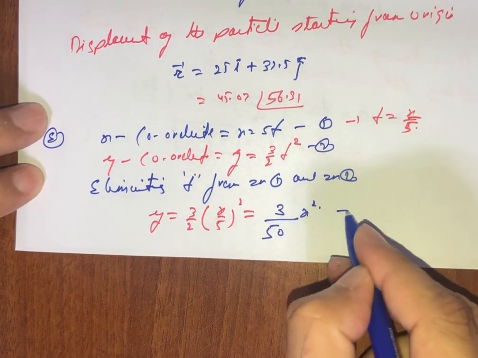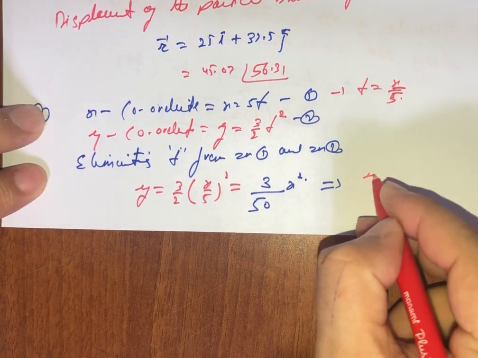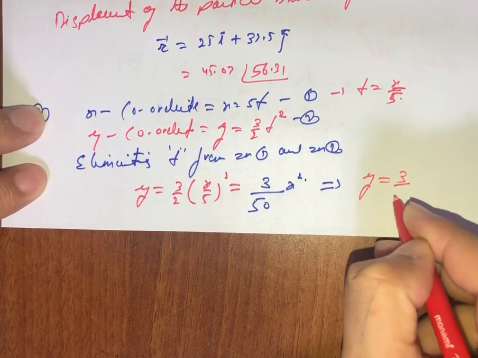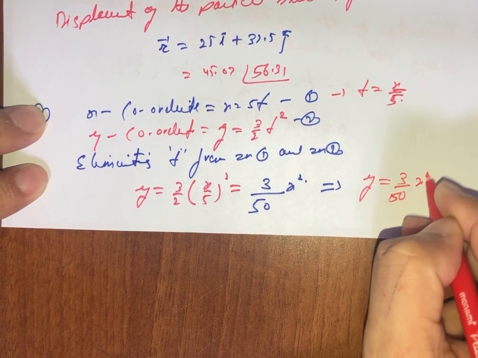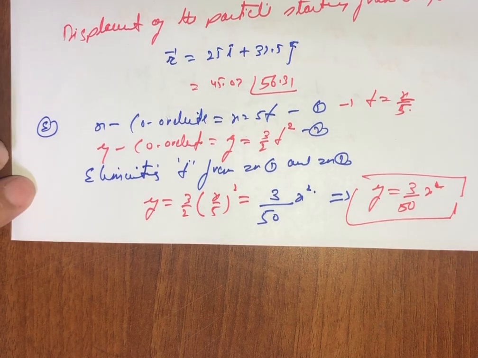So the equation of trajectory is represented as y is equal to 3 by 50 x square. So this is the equation of the trajectory. Okay, thank you.